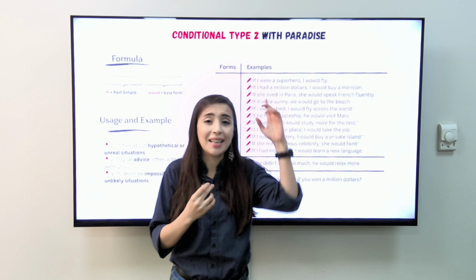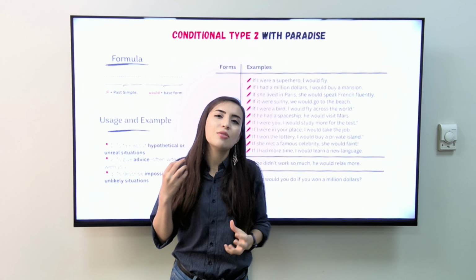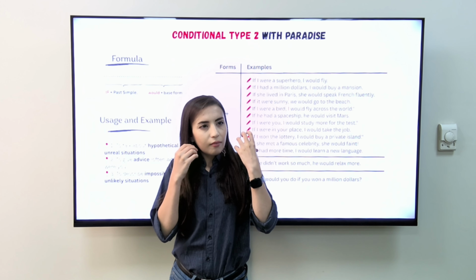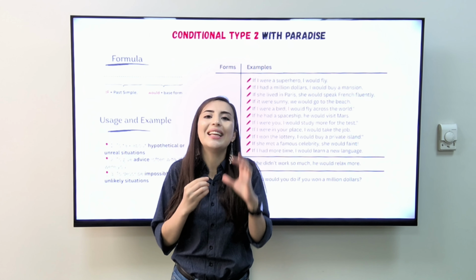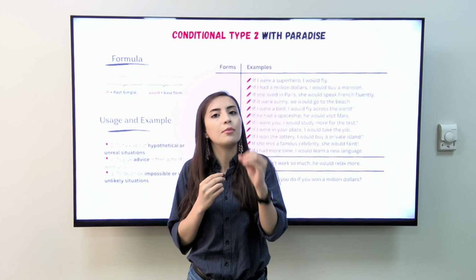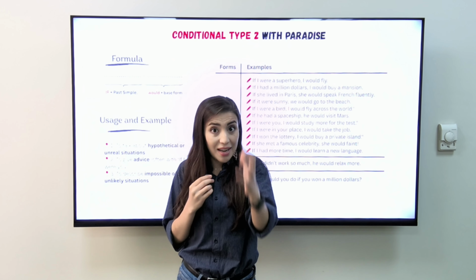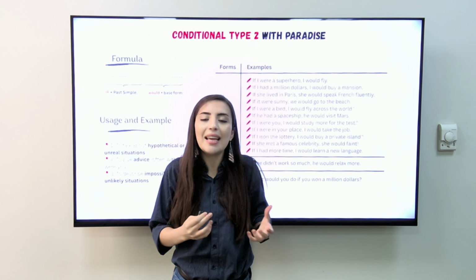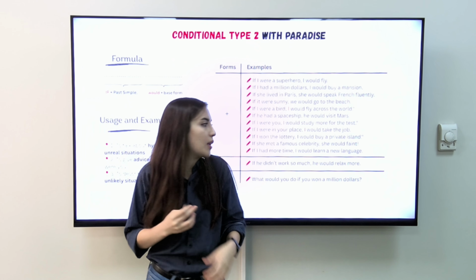Try to combine this conditional with the previous two types, make sense of them and understand the differences, and try to make them practical for yourself to use in your daily English speaking. The more you make sense of them, the better you can use them in your daily conversations, and the more comfortable and confident you will get.